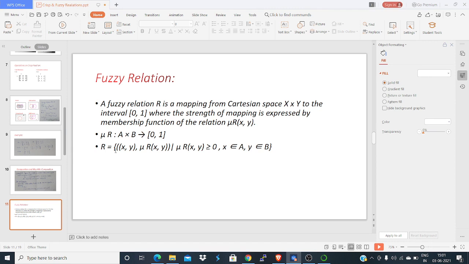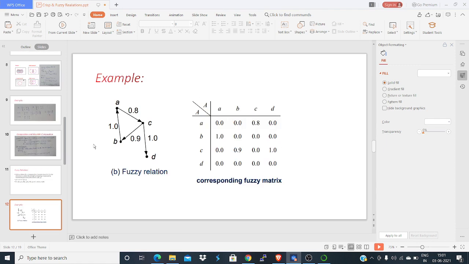And it is the representation of those two sets where A has X comma Y as the variables, where X belongs to A, Y belongs to B. For example, here you can see, as we talked about earlier, it is a digraph.